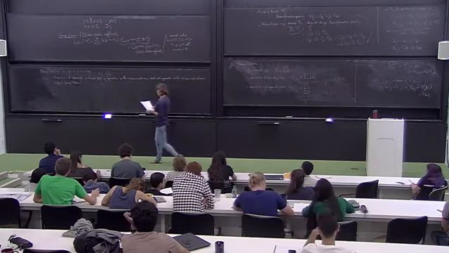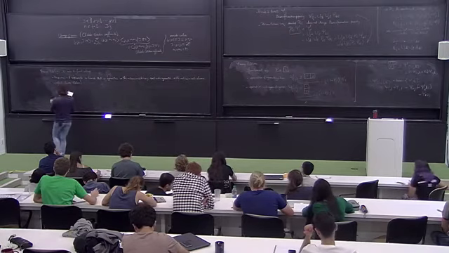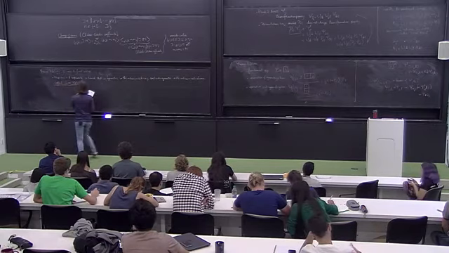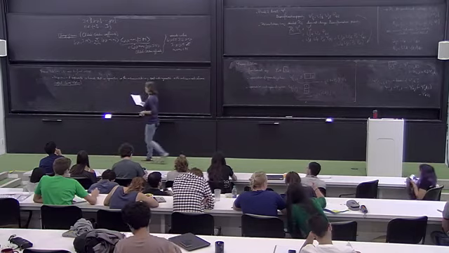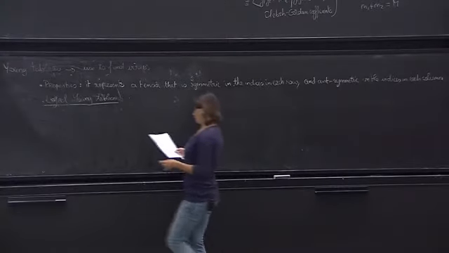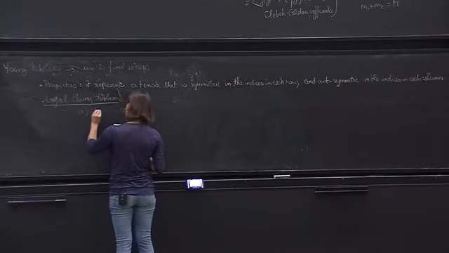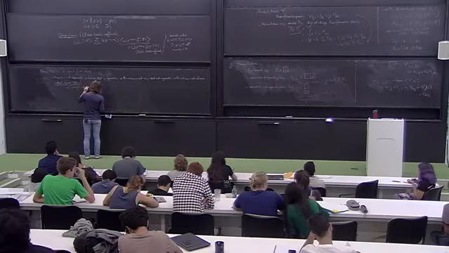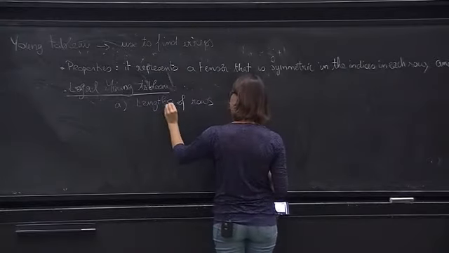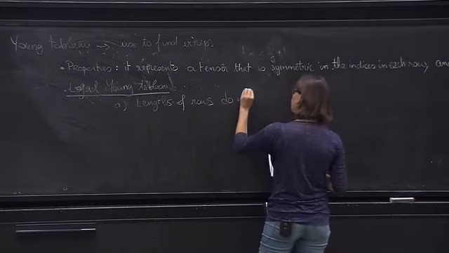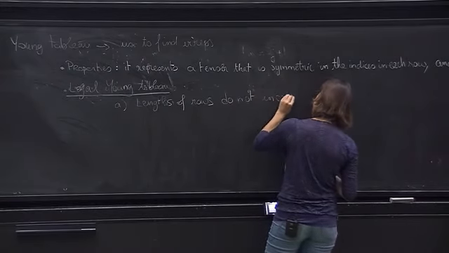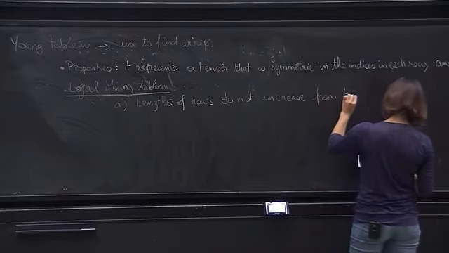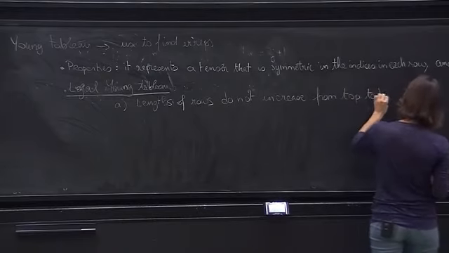Now, we are going to use that, but we need to determine what we call a legal Young tableau, because legal Young tableaux are going to give us the irreducible representations. So the first rule is that the length of rows does not increase from top to bottom.